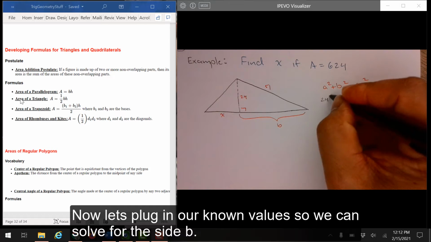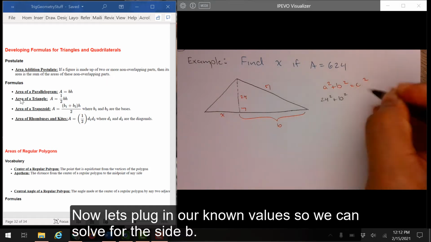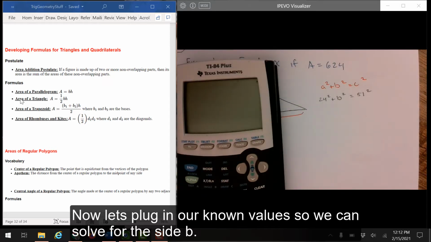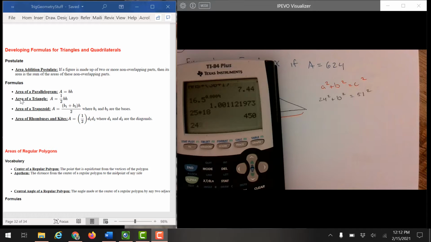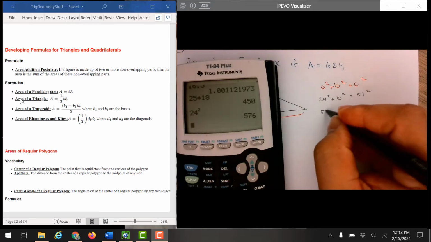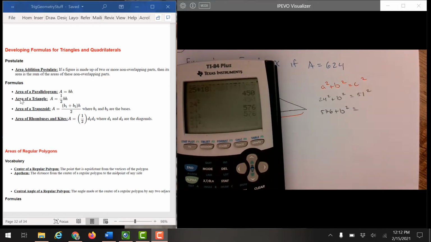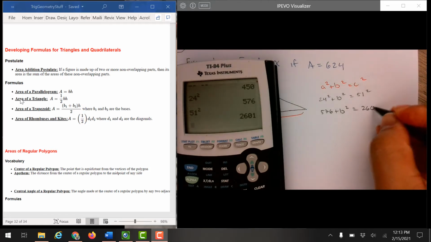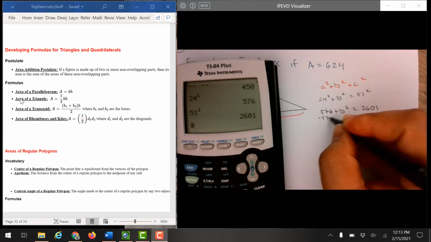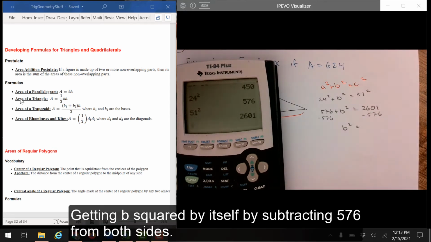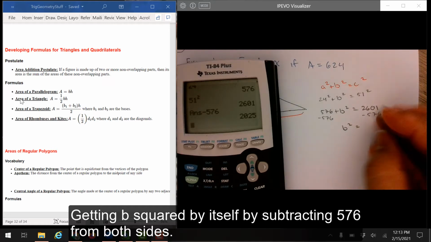Now let's plug in our known values so we can solve for the side B. Getting b squared by itself by subtracting 576 from both sides.